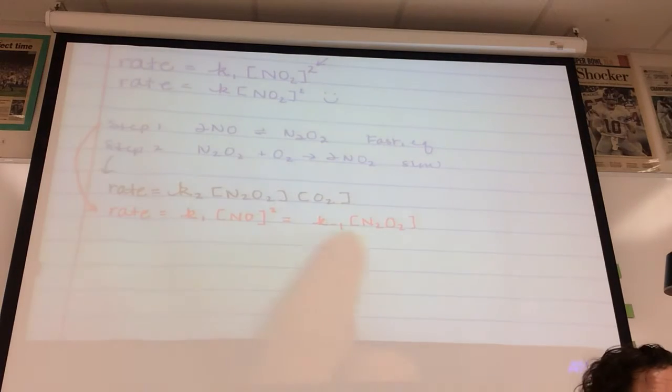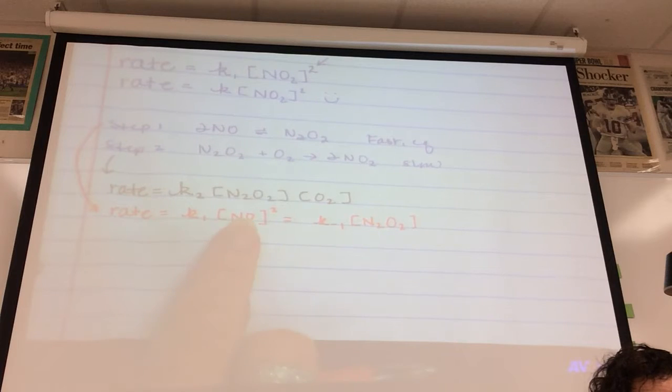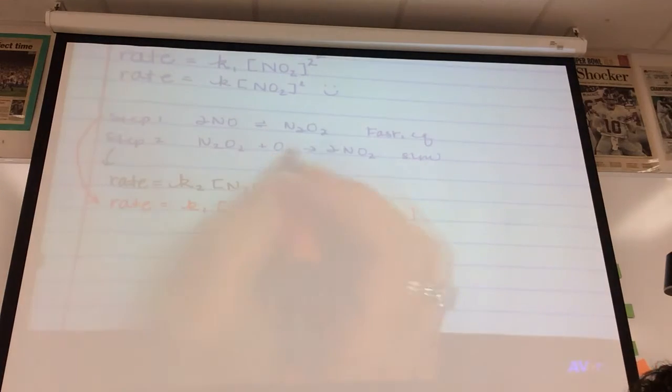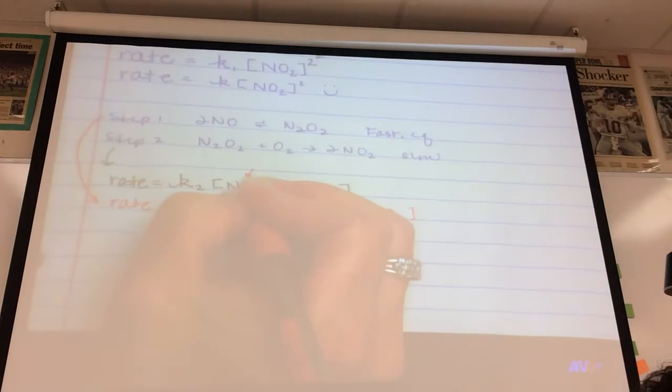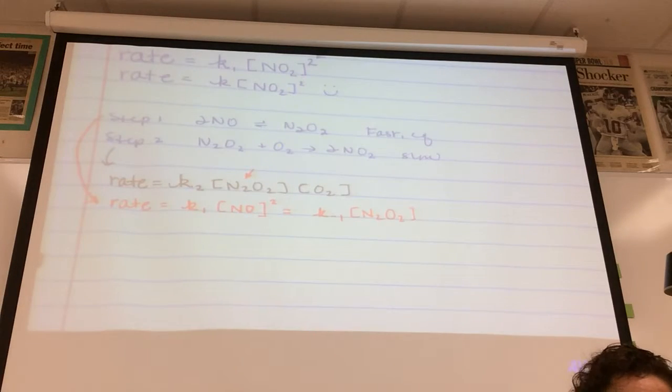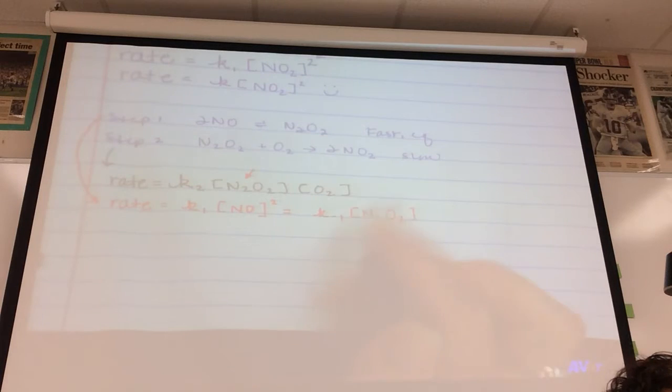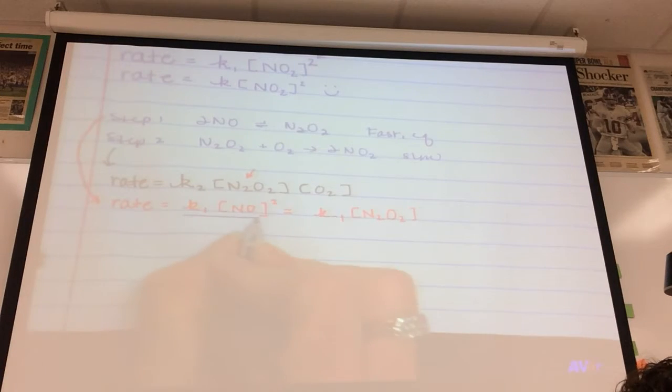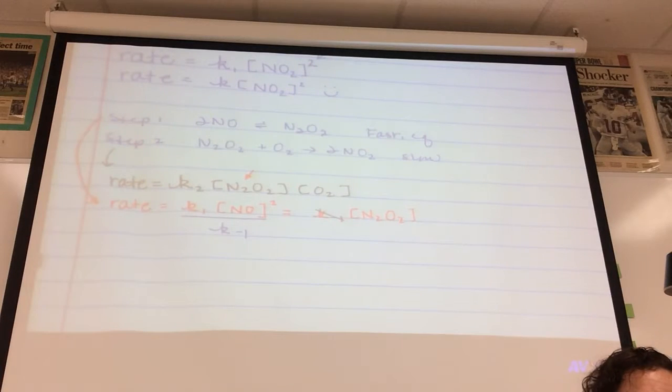Do you see what I did there? Forward and backward. What I want to substitute is the reaction intermediate, so I'm going to solve for this one. I'm going to divide both sides by K negative 1. Are you with me?